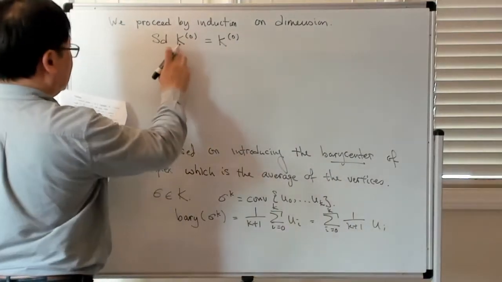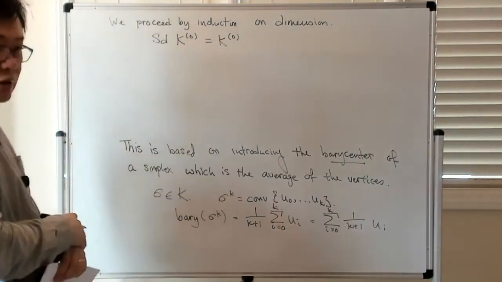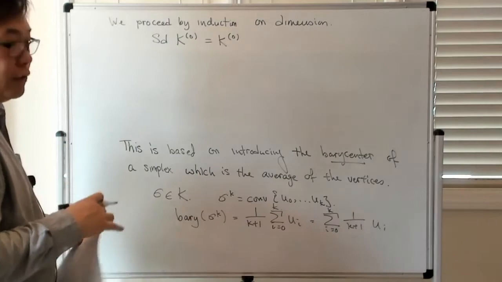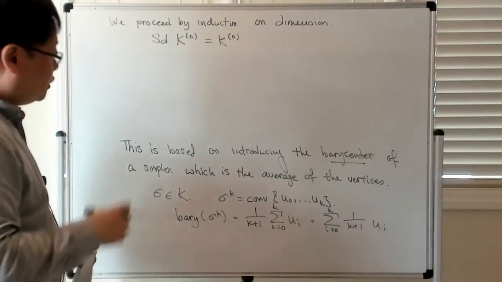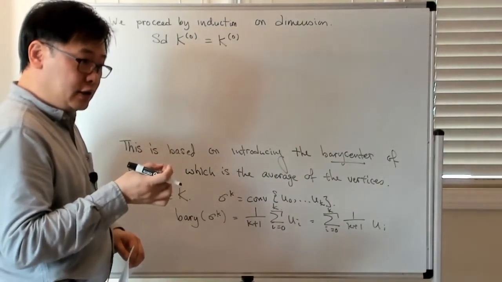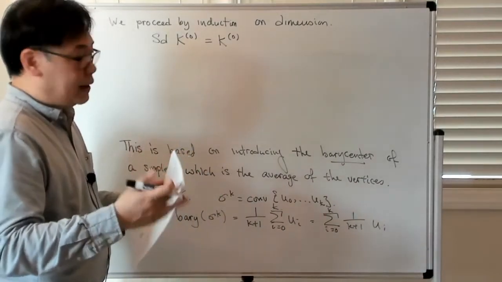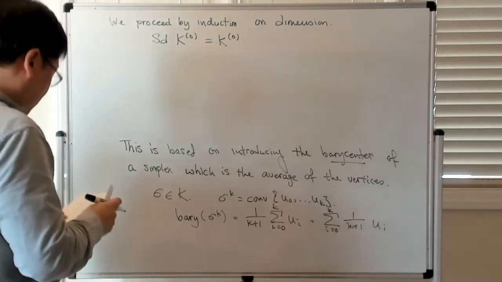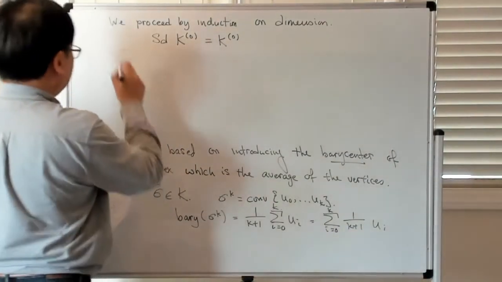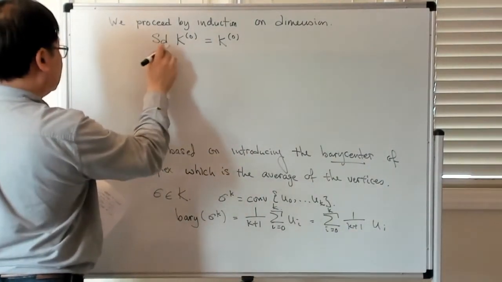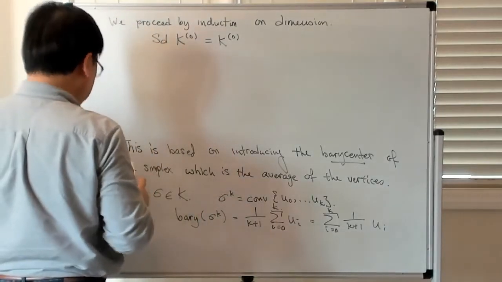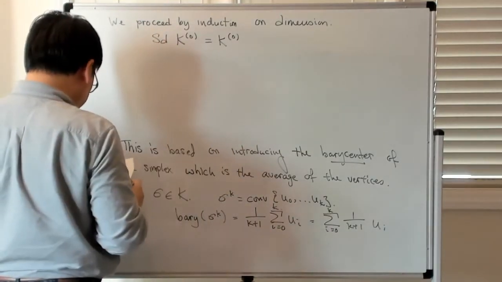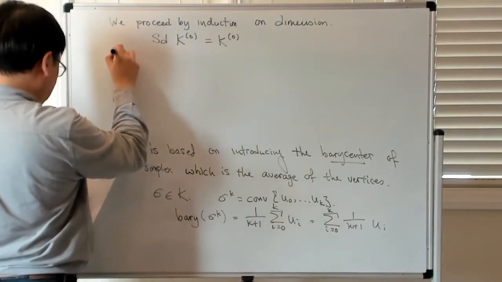Another way to see this is that if you're just left with individual vertices, then the barycenter of an individual vertex is that vertex itself. So I'm not doing anything when I do the barycentric subdivision of just the zero skeleton. Once I have the initial part of the induction, I can consider the following.